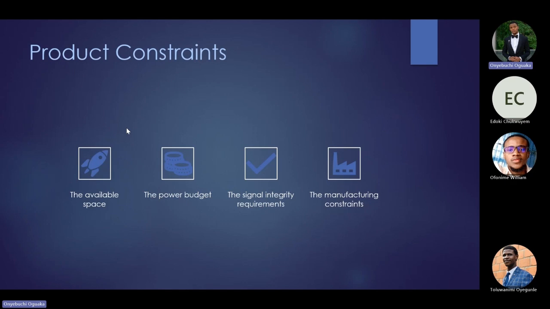So the next thing is actually signal integrity requirements. Here it talks about the reliability of electrical signals. Remember we talked about signals, the traces that you see on the bottom part and also the top part, the surface of the PCB, those are signals passing.